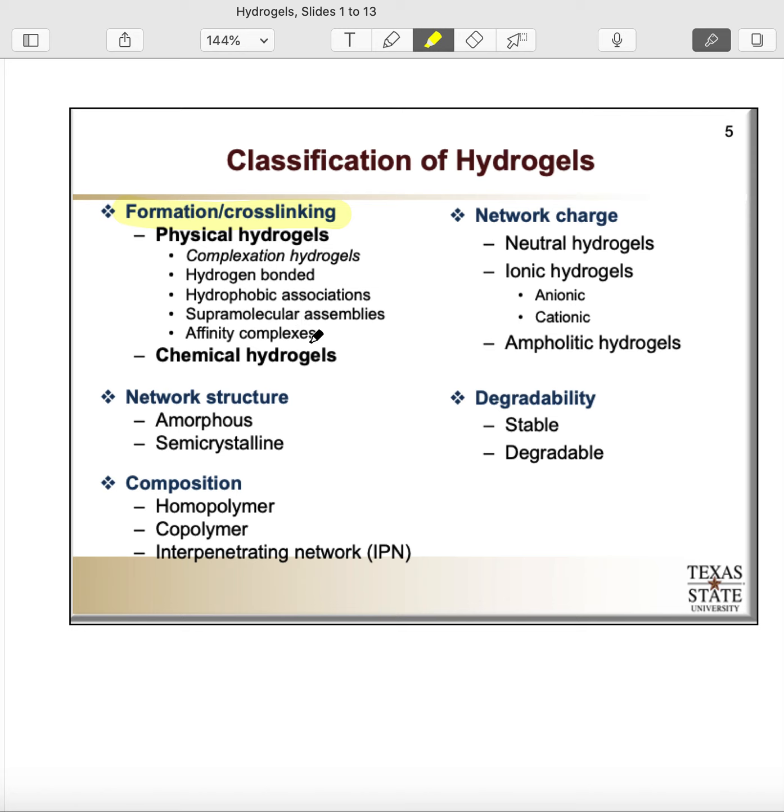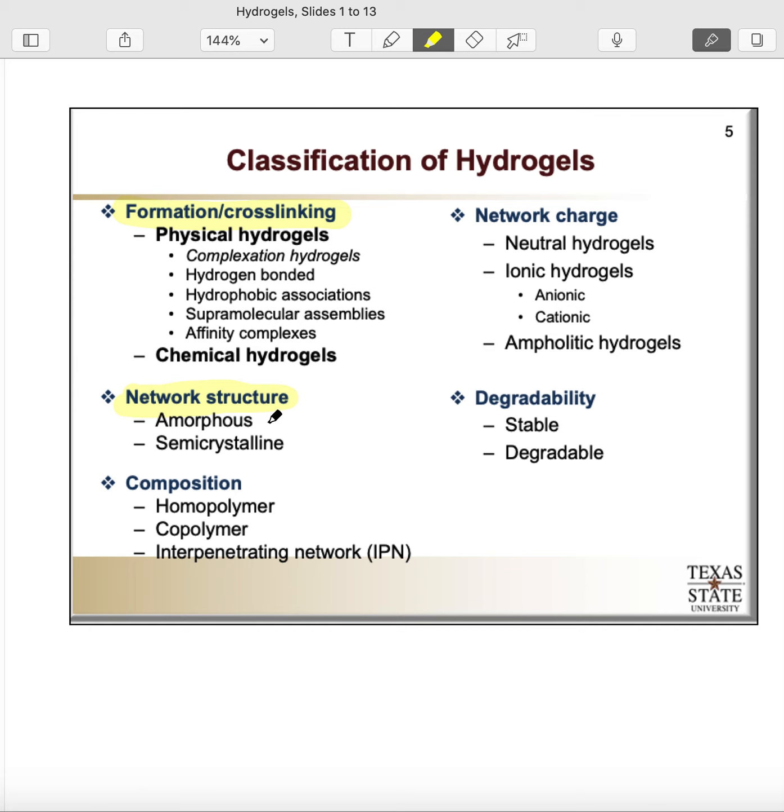On the other hand, we have chemical hydrogels, which are those that are being held through covalent bonds. And of course, there are a number of ways to generate those hydrogels. You could start with monomers that are polymerized in the presence of a cross-linker, or you could begin with pre-polymers that are linked through chemical reactions. And again, we'll discuss more examples of those in a little bit. You could also classify hydrogels according to the network structure. For example, the hydrogels could be categorized as amorphous if they do not contain crystalline regions.